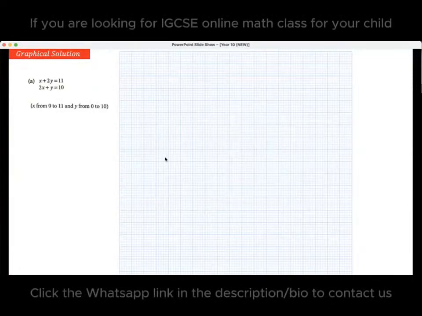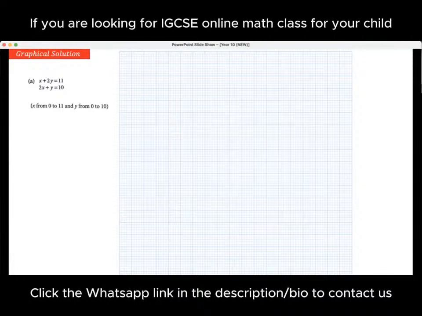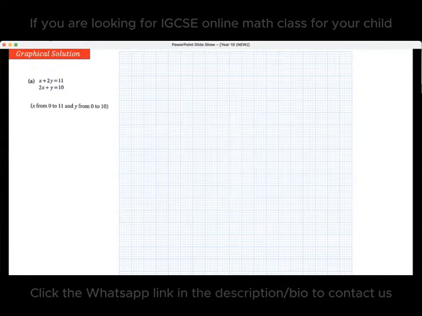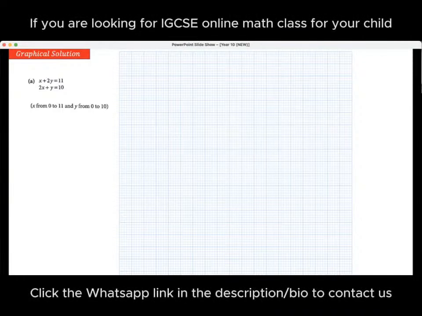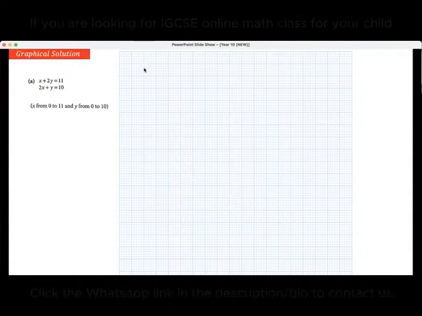It is not just sketching. Sketching just shows you what the graph looks like, but this one, you need to find the exact solutions.